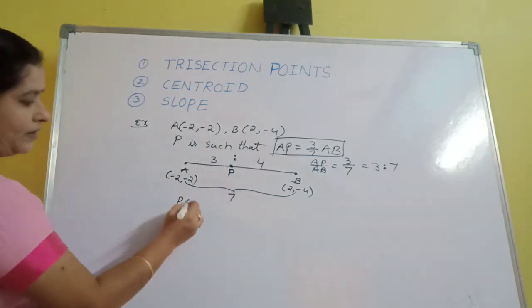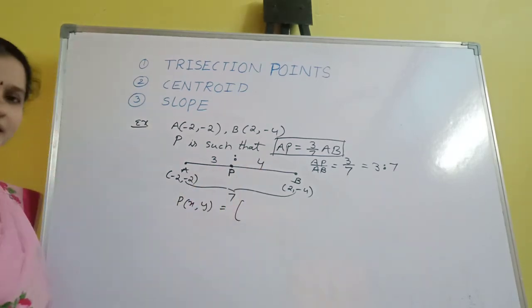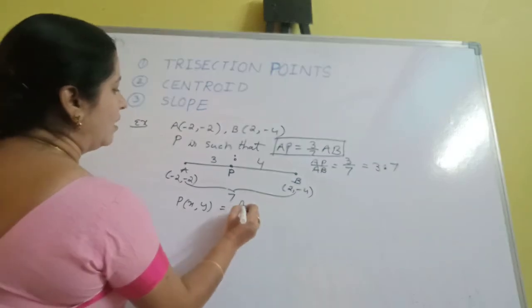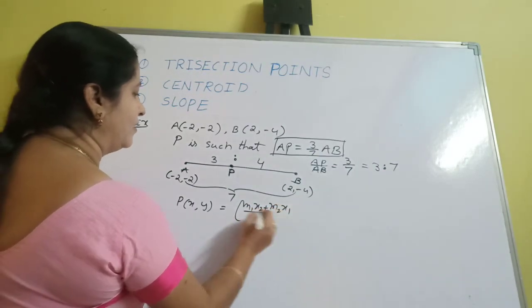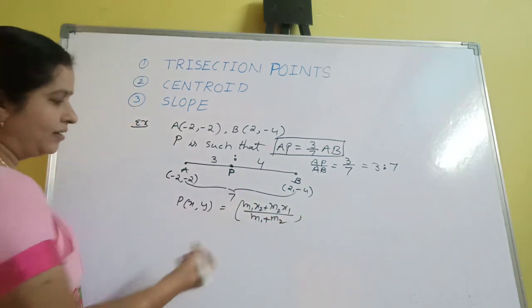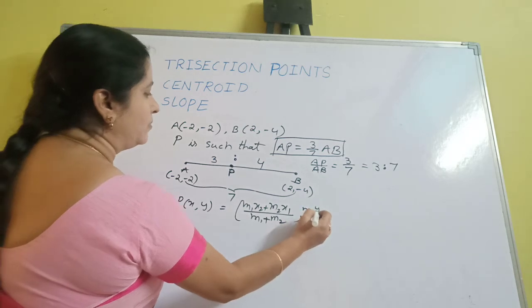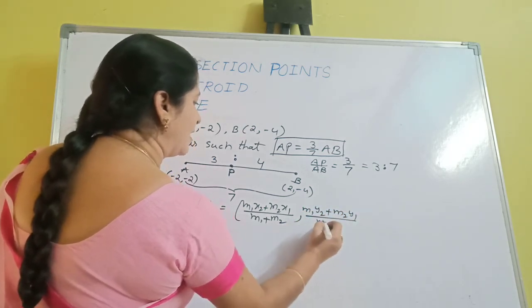So what is P, x comma y? The section formula: P divides the line segment AB internally. The x coordinate is m1 x2 plus m2 x1 by m1 plus m2, and the y coordinate is m1 y2 plus m2 y1 by m1 plus m2.